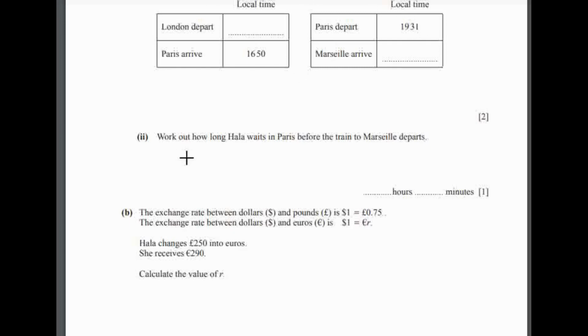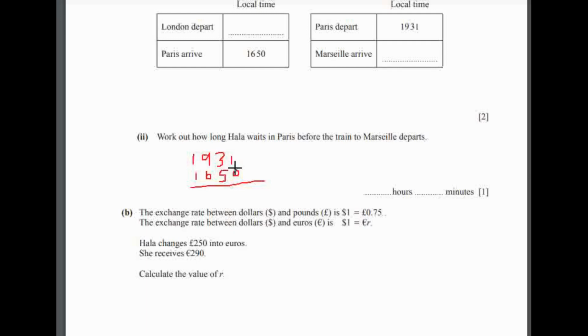I do it here for you. We have to subtract it like that.